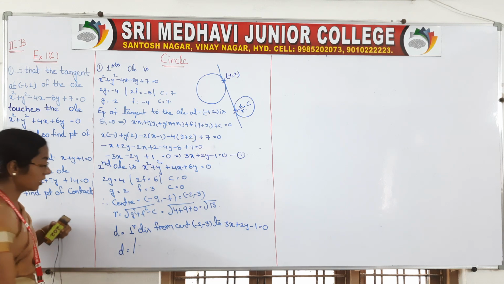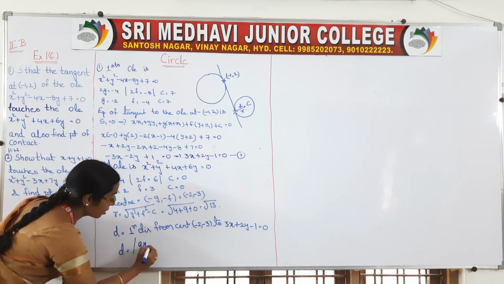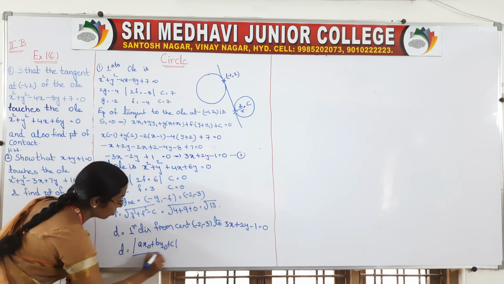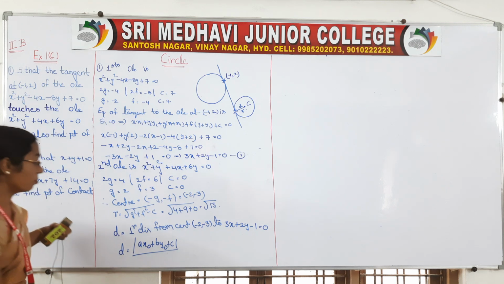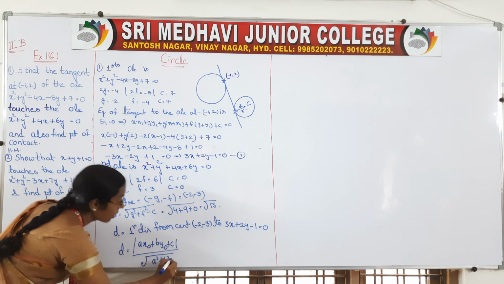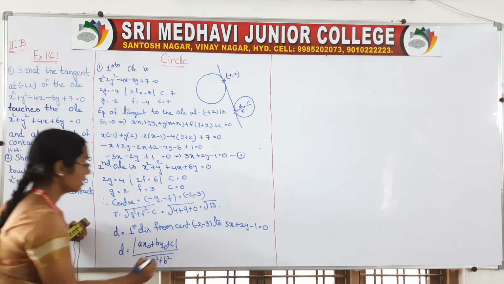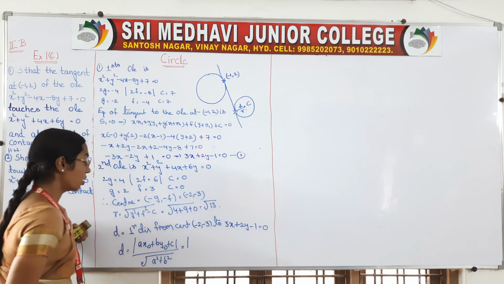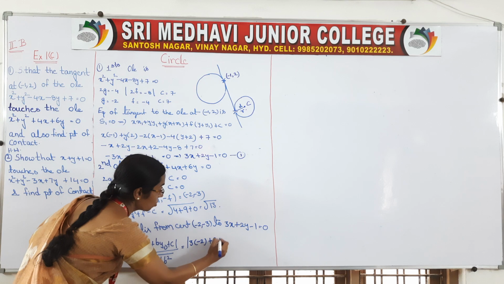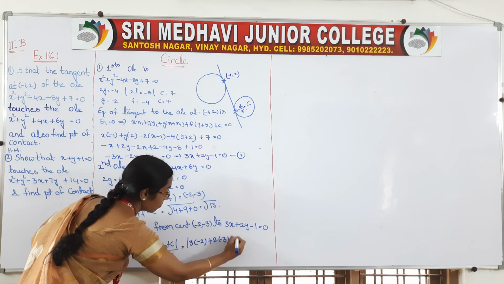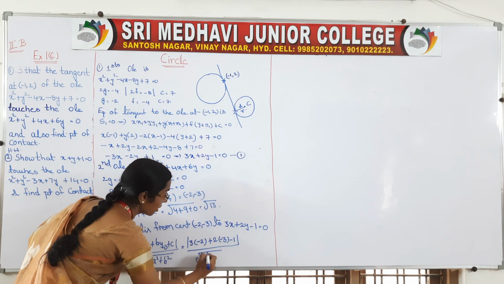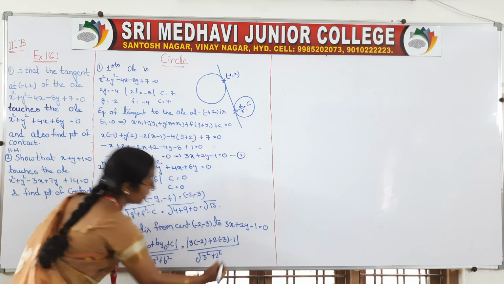The perpendicular distance from x naught, y naught to the line ax plus by plus c is equal to modulus of ax naught plus by naught plus c by root of a square plus b square. So come on, substitute. It is equal to modulus of 3 into minus 2 plus 2 into minus 3 minus 1 by root of 3 square plus 2 square.